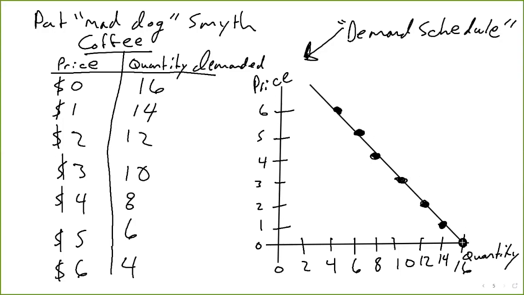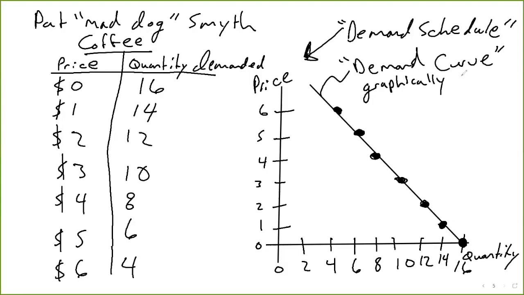So we can connect all these points, and this resulting line is a demand curve. Even though it's not curved, sometimes it is curved, so we still call it a demand curve. And the demand curve is just a way to graphically show the relationship between price and quantity for an individual.